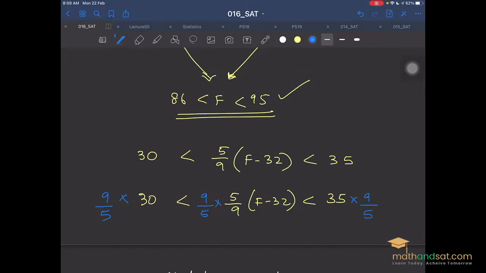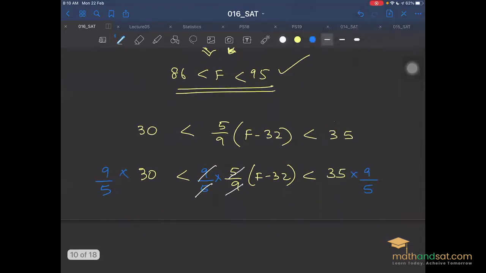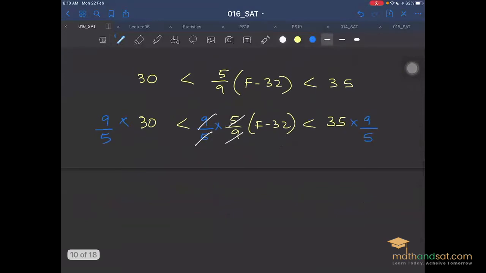That doesn't flip the inequality. When you're multiplying with a negative number, you should be careful, it will flip the inequality. Here you are multiplying the entire inequality with a positive number, so it is absolutely fine. Now what happens? This 5 and 5 get cancelled, 9 gets cancelled. In the LHS, the first expression, this is 6.